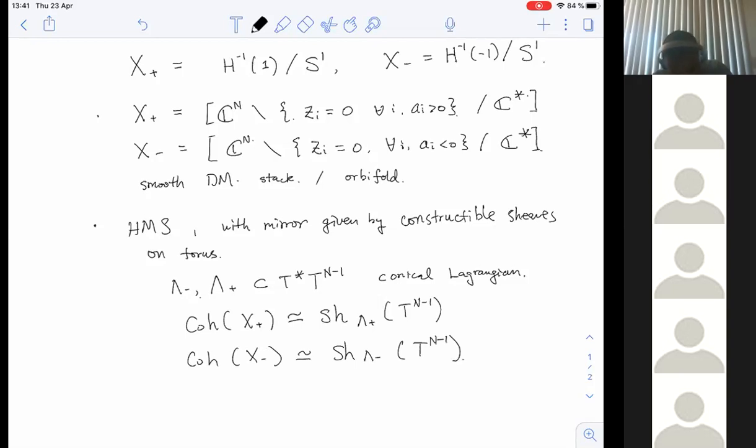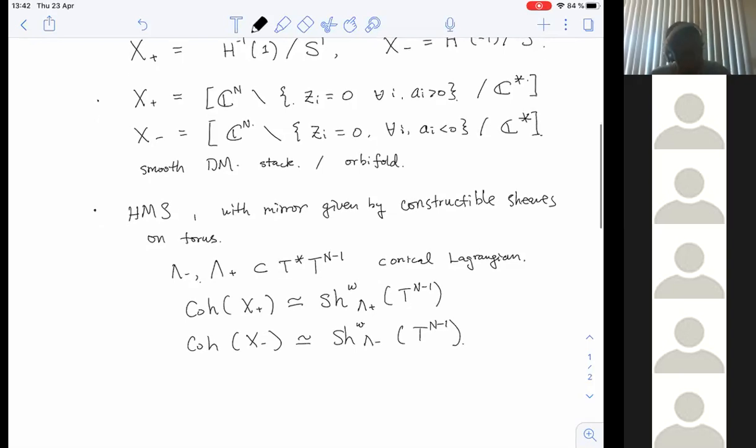Okay, so all these are just given to us by the coherent constructible correspondence. I perhaps should put a W here to mean it's so-called wrapped constructible sheaves, which I will explain later in more detail.